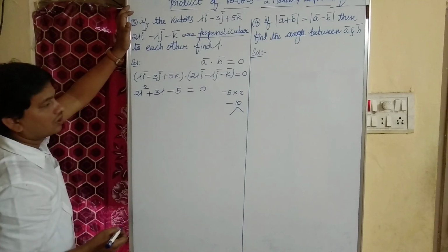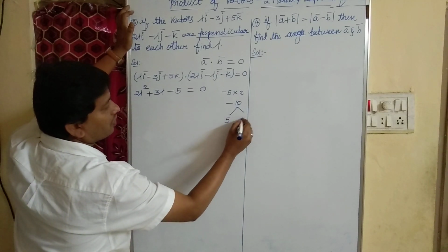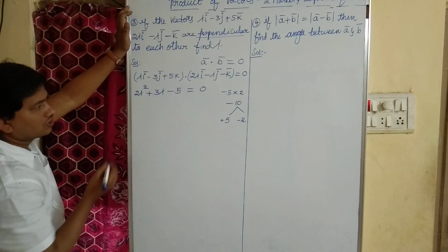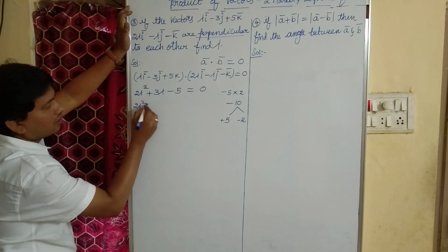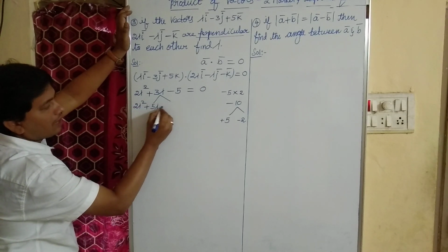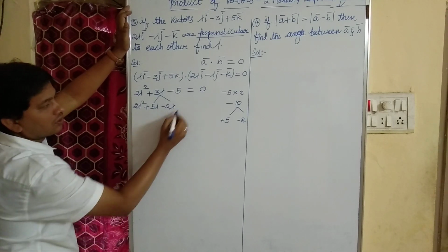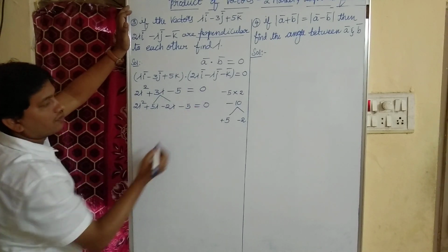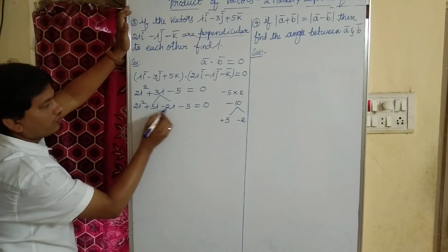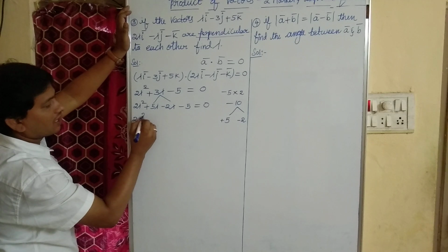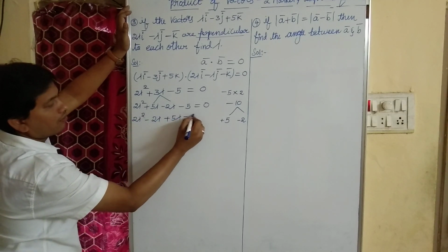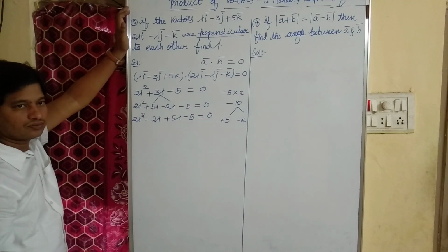So let us write 5 into 2, plus 5 and minus 2. So 2λ square plus 3λ, we can write as 5λ minus 2λ, minus 5 equal to 0. From these terms, first let us write 2λ square minus 2λ and 5λ minus 5 equal to 0.